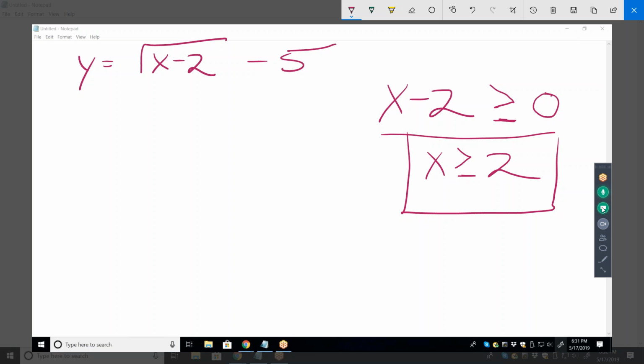Now, do you use interval notation or not? In other words, is this a sufficient answer, or do you need to put it in interval notation? Okay, so the domain, what would be the interval notation here?